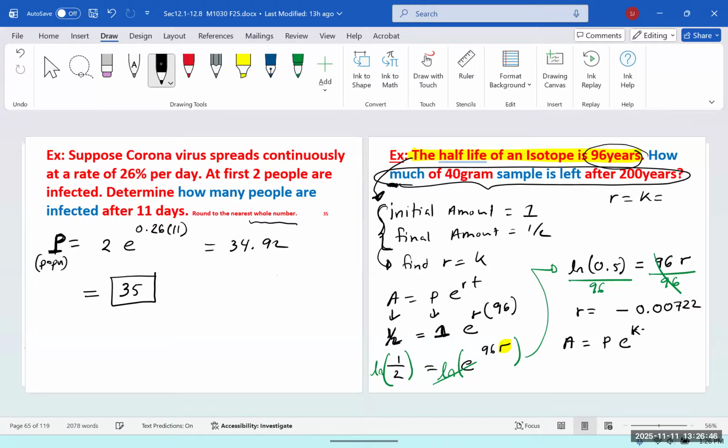R means K. Oh, we already have R here, so no problem. Today we have 40 grams. And we know this time our rate is negative 0.00722. And how many years are we waiting? 200 years.